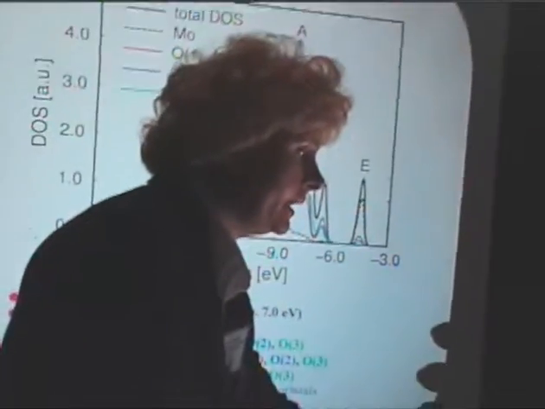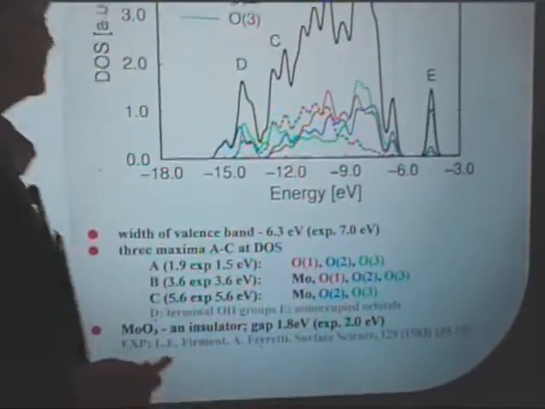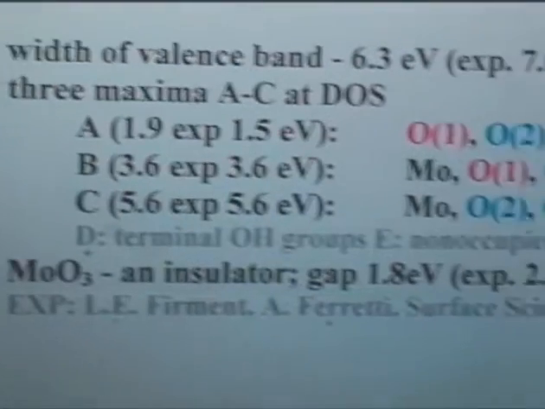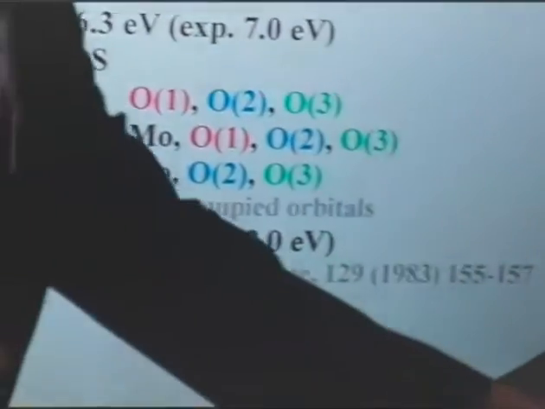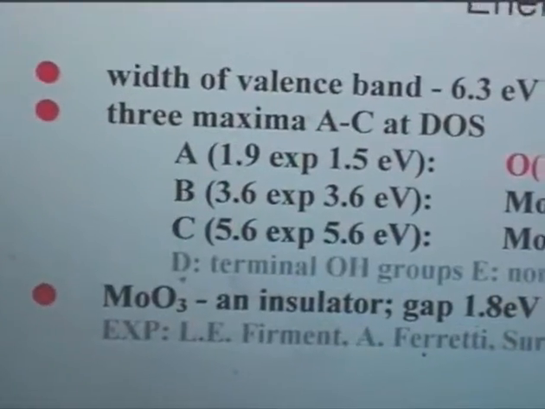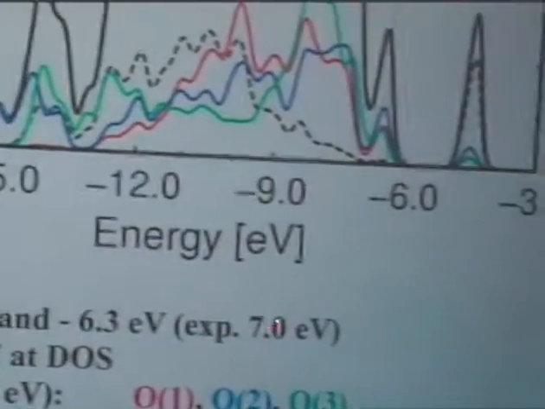Let us now see how we can get more information. These are the total density of states for molybdenum trioxide. And we can compare this result with experiment. First of all, the width of the spectrum is about 6.3, which compares quite well to the experimental data, about 7.